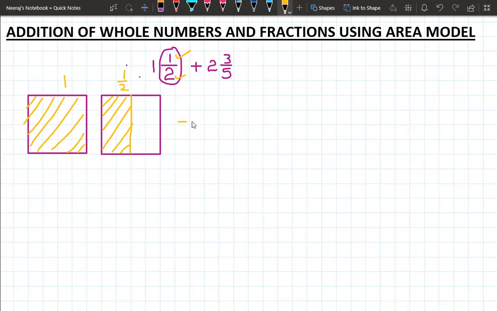Now I am going to add this 1 1/2 with 2 wholes and 3/5. For it, there are 2 wholes, so we have to make 2 rectangular boxes.